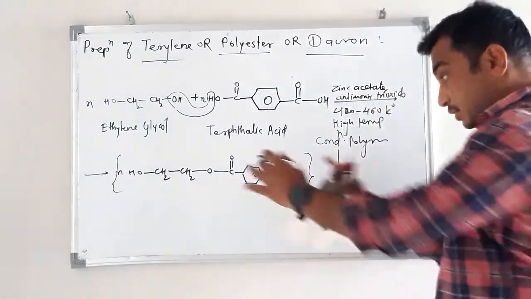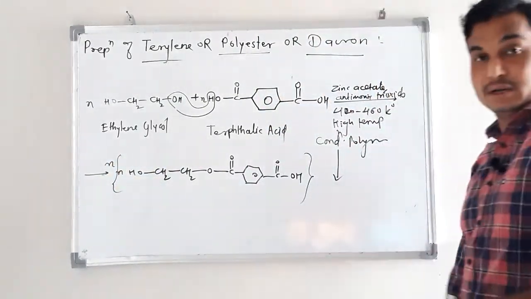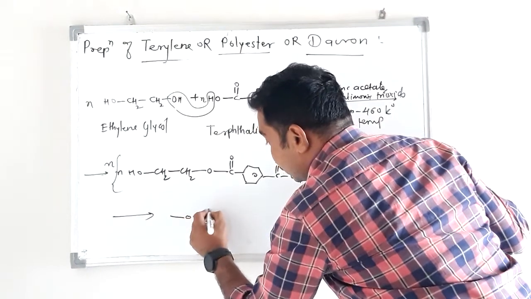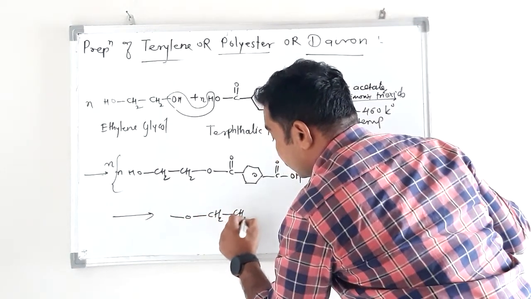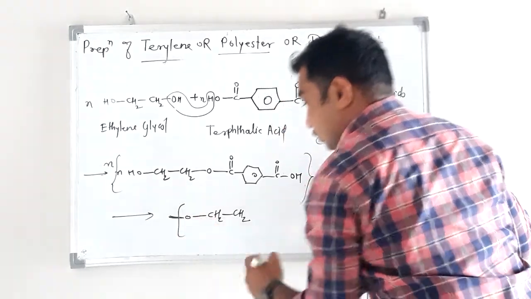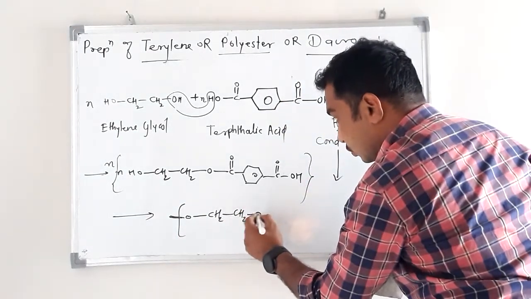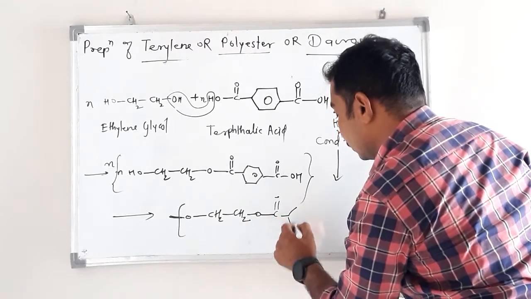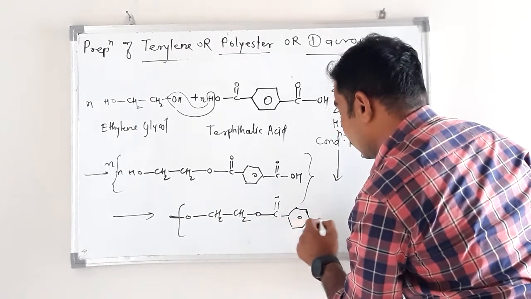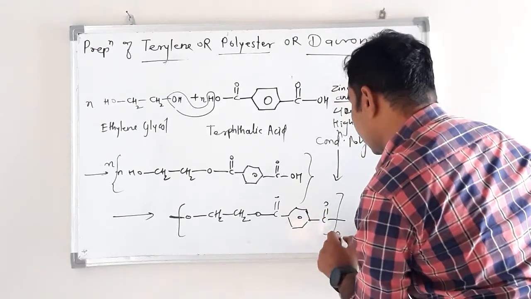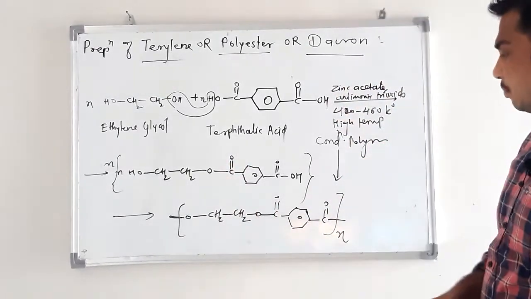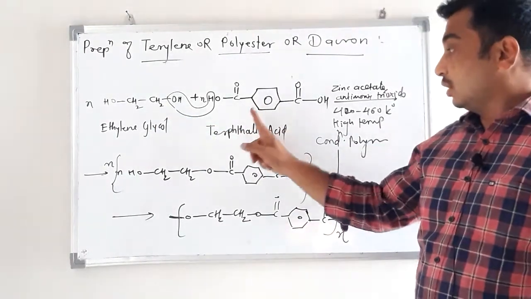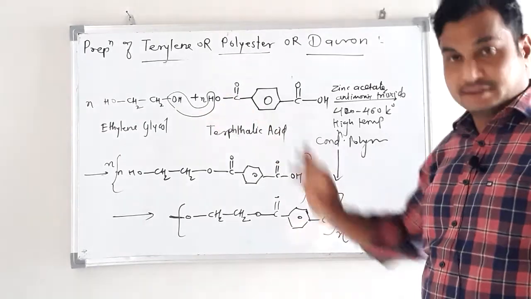Then these n number of monomers repeating units combine together and form this polymer, with the bond OCH2CH2O, CO, O like this, n number of this. So this is the very simple ethylene glycol molecule condensed with terephthalic acid from both sides, alternately.